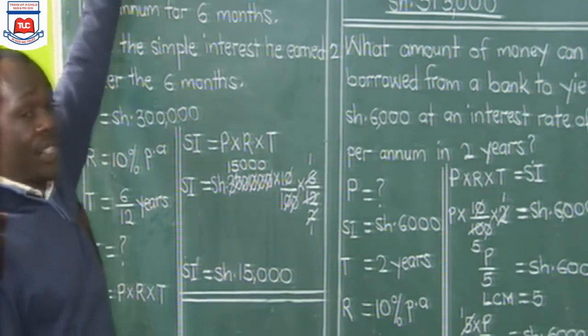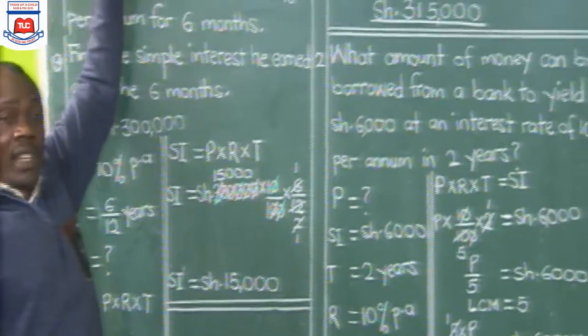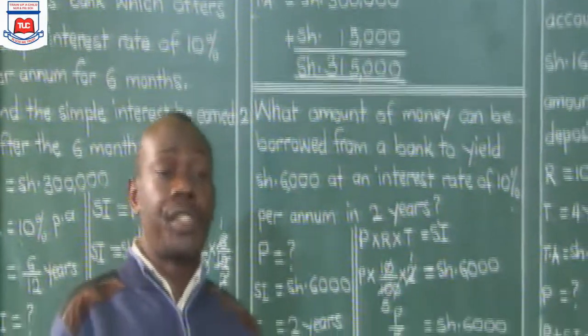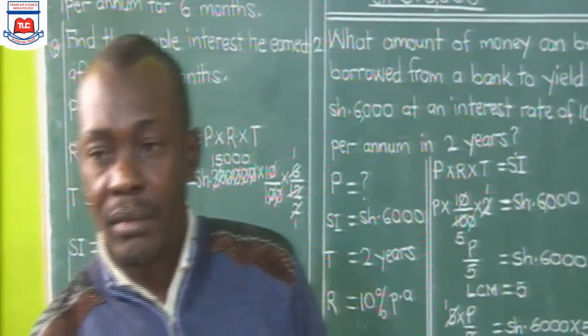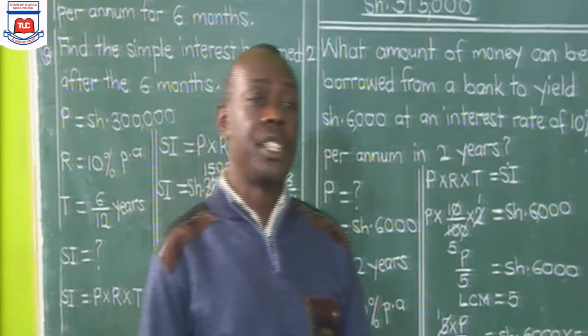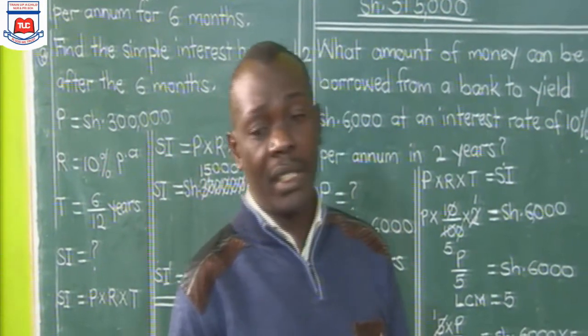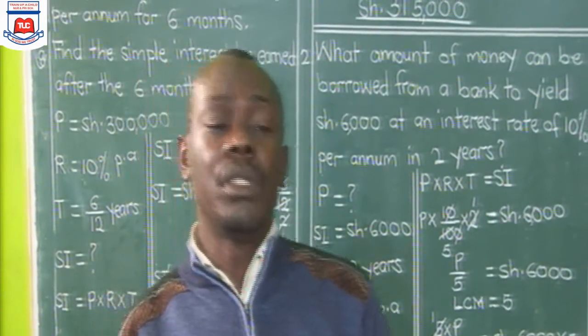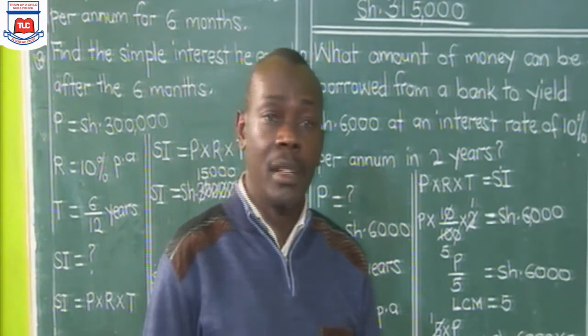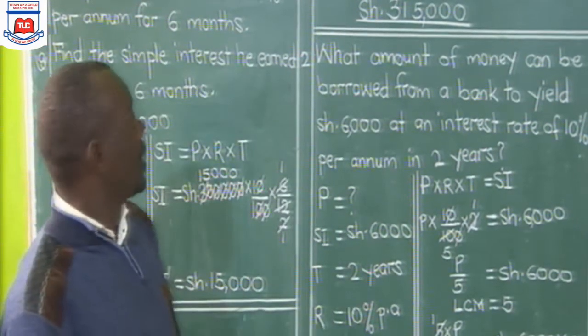Then we shall look at time. What is time? Time is the duration, or how long one's money spends in the bank, or how long one spends with the borrowed money from the bank.